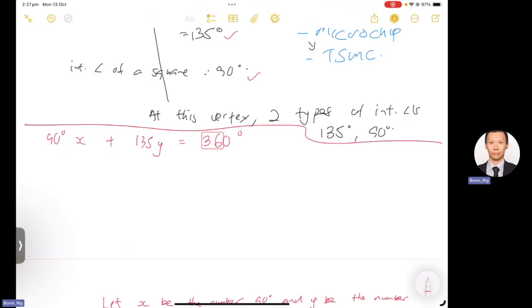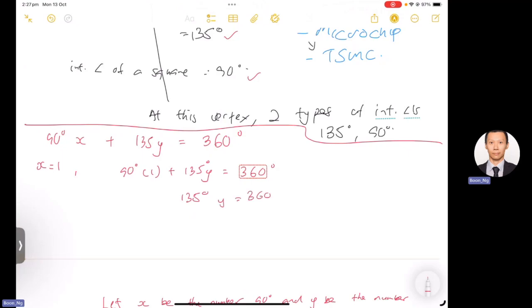Let x be 1. So 90 times 1 plus 135y equals 360. So let's work out what this is.